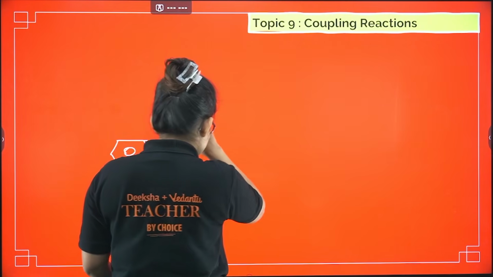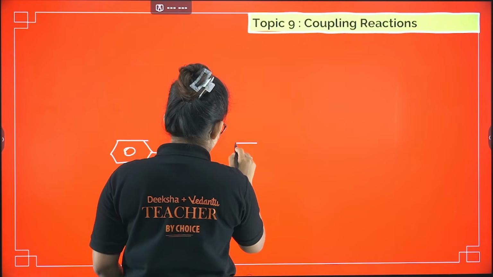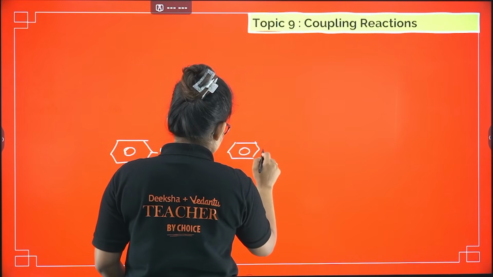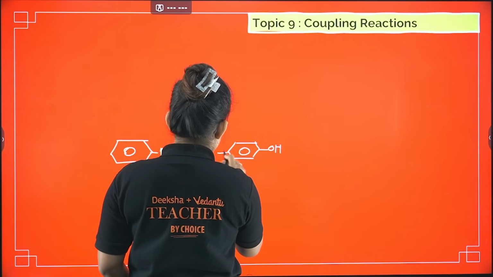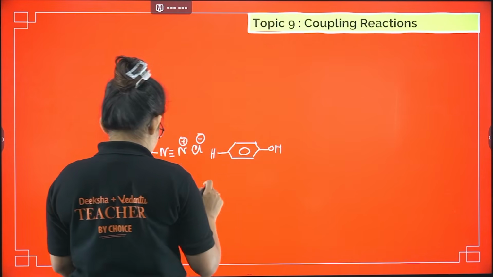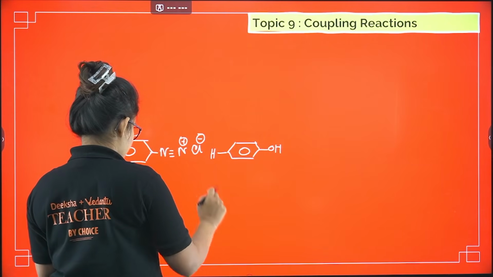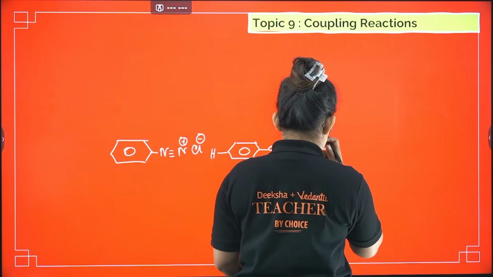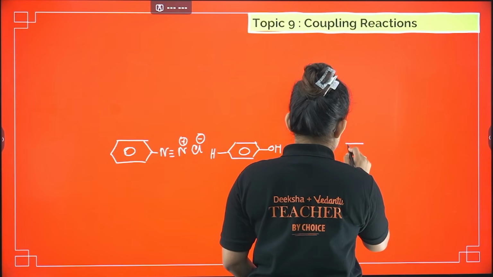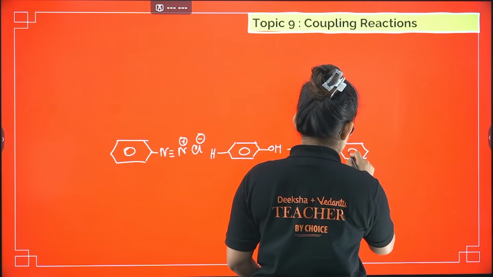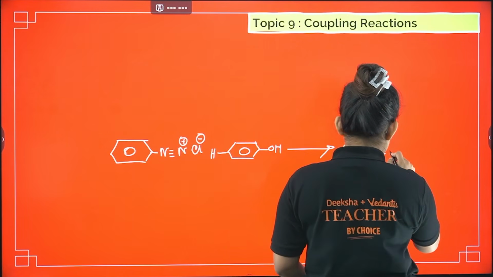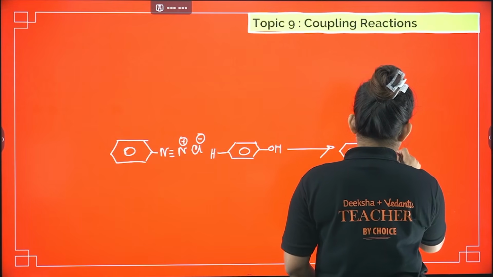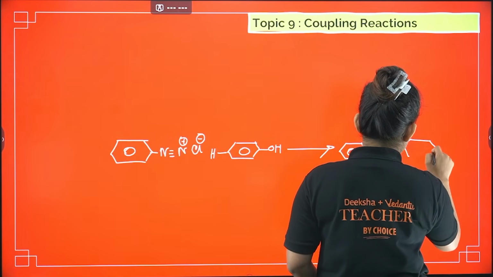Now I am adding phenol to it. So here I am having one hydrogen. Now this hydrogen and chlorine will be bonded. As a result of this, here you will get N double bond N, and here the entire phenol group.